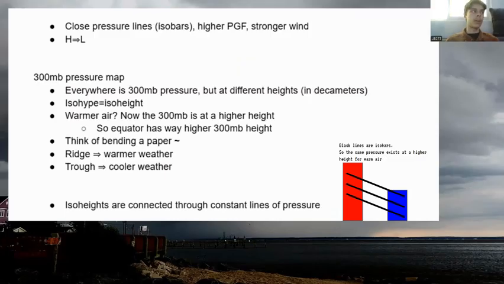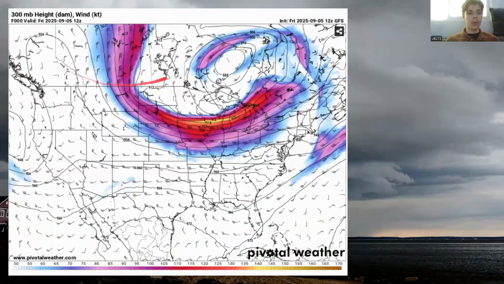And the reason why, you'll see in the second map. What this one is showing is not a specific height in the atmosphere. This is a specific pressure. So everywhere on this map is going to be 300 millibar pressure.